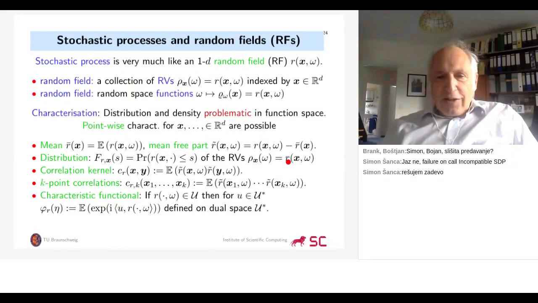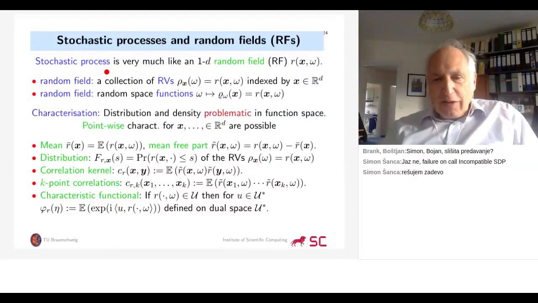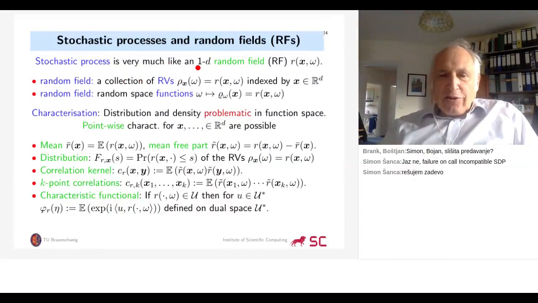Okay, now let's look at how we characterize stochastic processes and random fields. So this was for vectors. What we do now is a bit more difficult. Instead of a random vector, we take a random vector in an infinite dimensional space. And I will look at stochastic processes just like a 1D random field, so I'll treat them all equally.